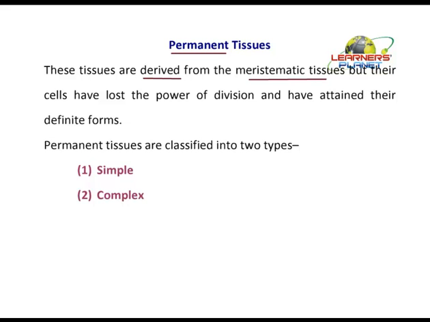They have the highest cell division capacity, so these cells divide continuously and thus support the growth of the plants. On the basis of location, they are of three kinds: apical, lateral and intercalary. All these support the growth of the tissues.